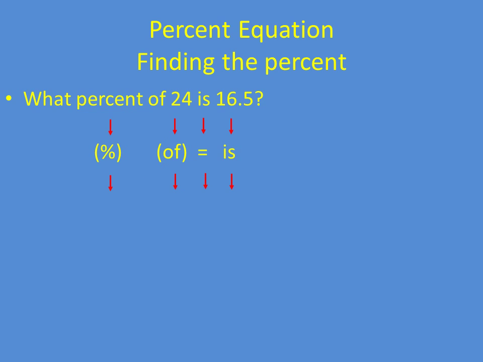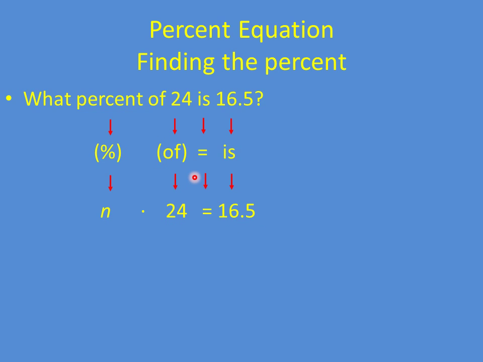We can do this. When I take my problem and translate it into my equation, this is what I end up with. I've got what percent. I don't know the percentage, so that's where my variable comes in. Remember that the of in math, when it's correlated with numbers, is multiplication, so it comes down to times 24.